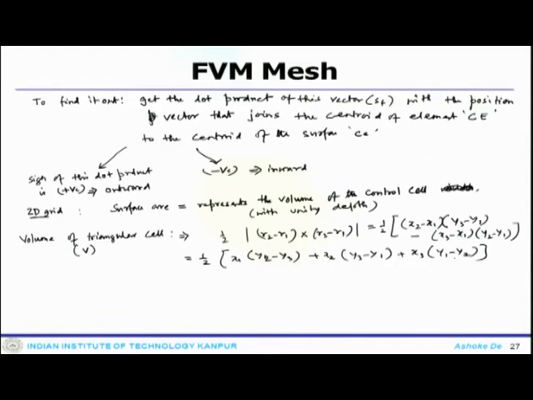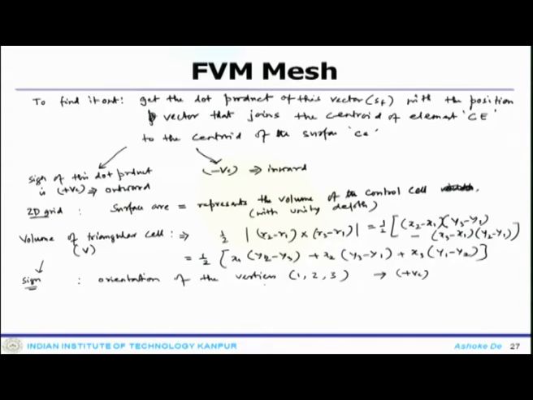Okay. Now, again the sign will be an issue, and that will depend on the orientation of the vertices, that is 1, 2 and 3. If they are oriented in a counterclockwise direction, this will return a positive sign.